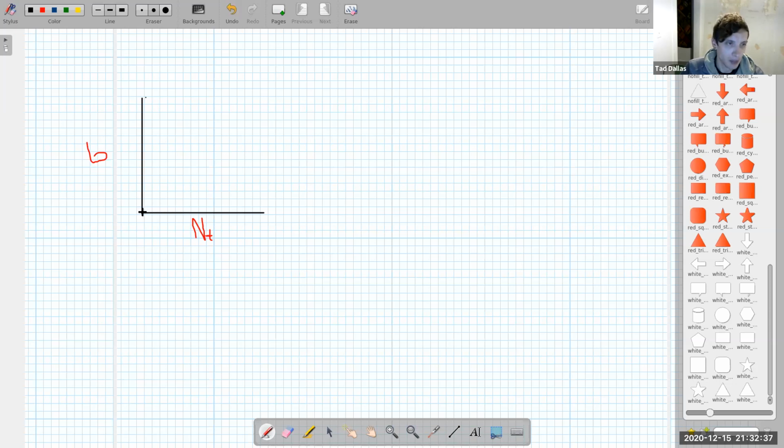I'm gonna put the expectation in black, where you have a birth rate that is independent of population size. That means that the rate that individuals are born doesn't depend on population size.